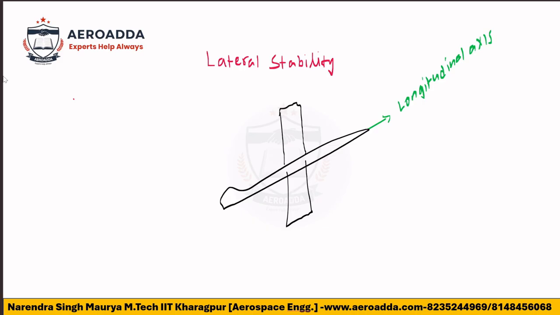And I also had shown along the wing, this was the lateral axis. So longitudinal, lateral, and the third one was just perpendicular.